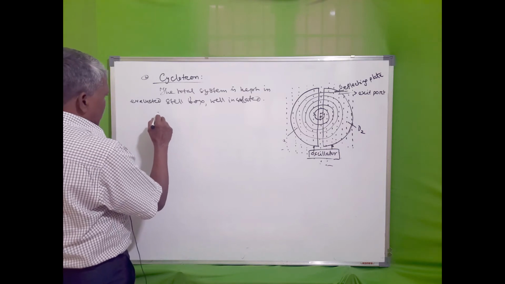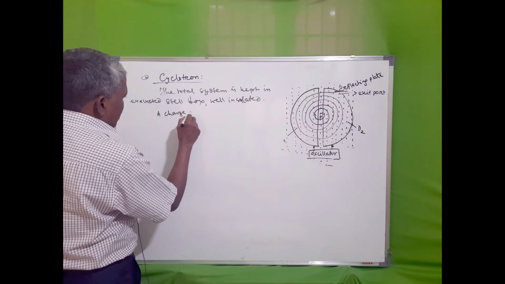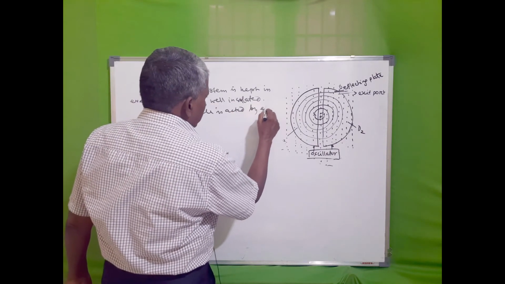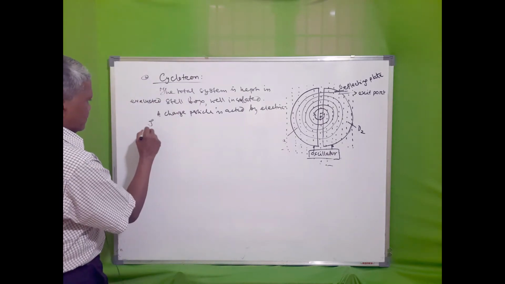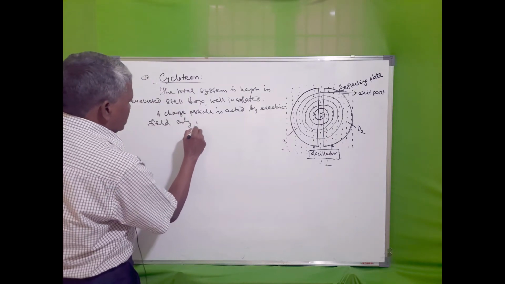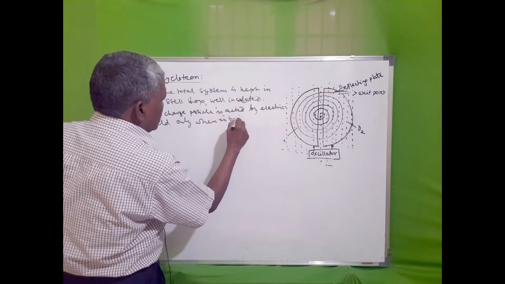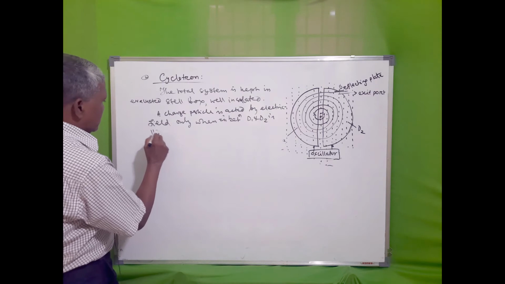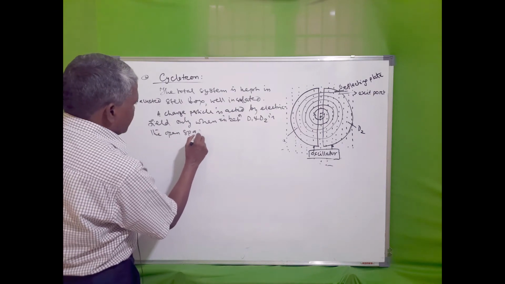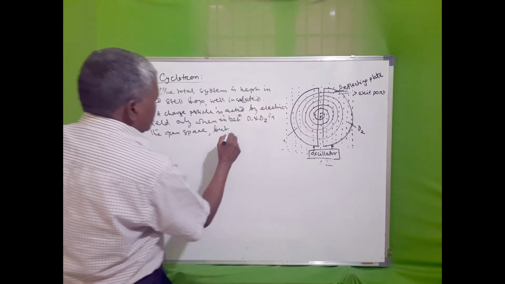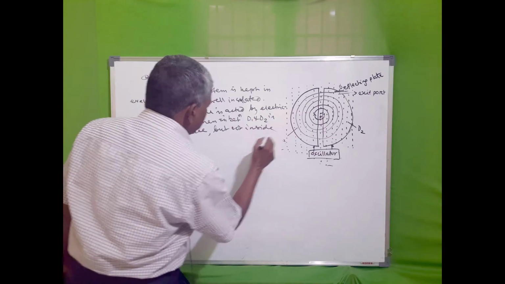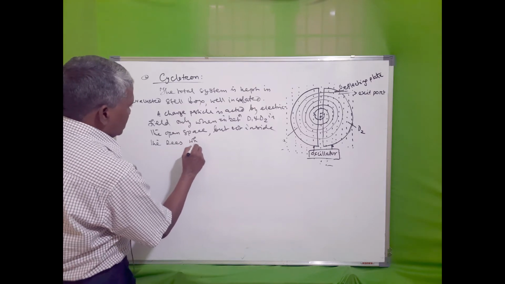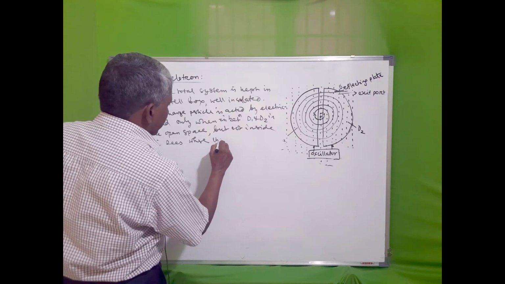A charged particle is accelerated by the electric field only when in between the two Ds, between D1 and D2 in the free space, but not inside the Ds, where they are shielded.